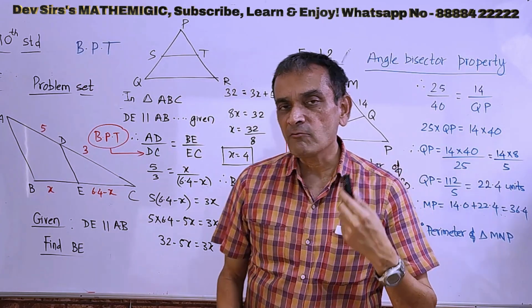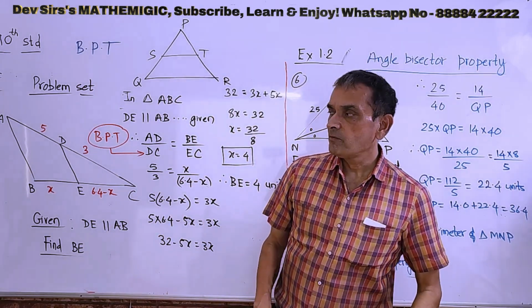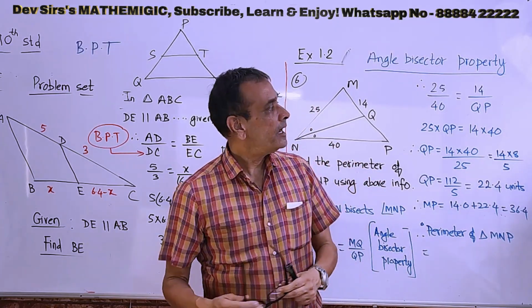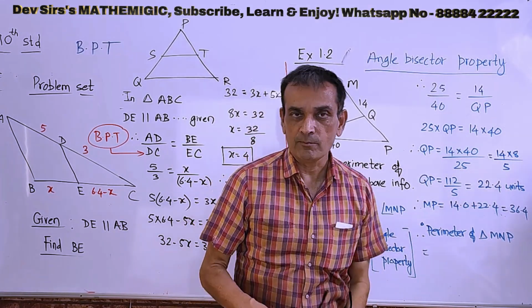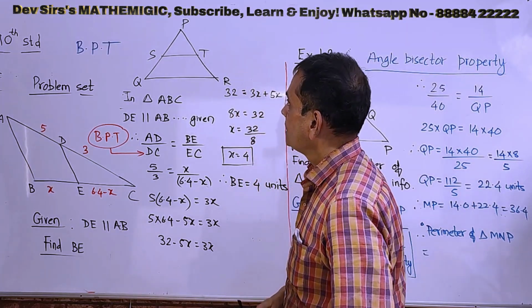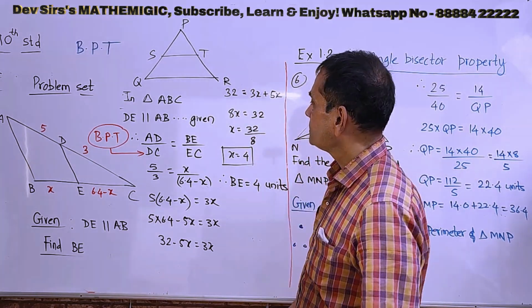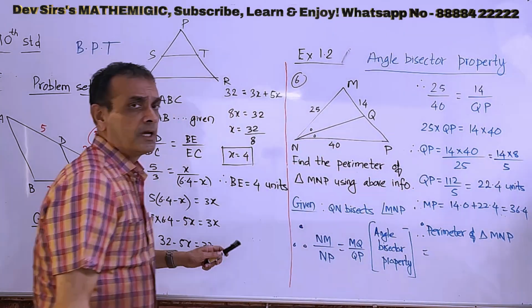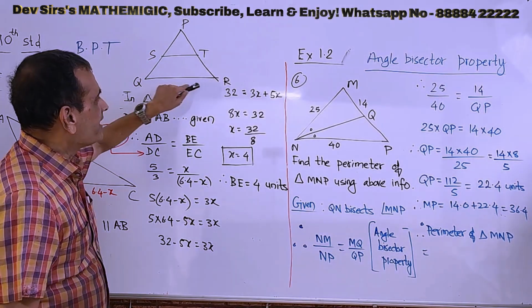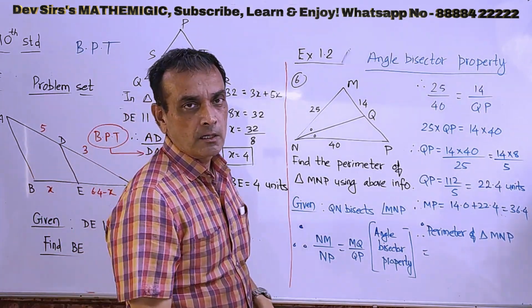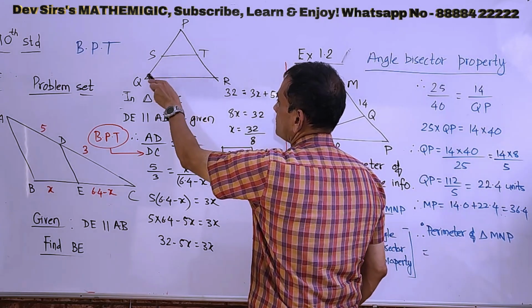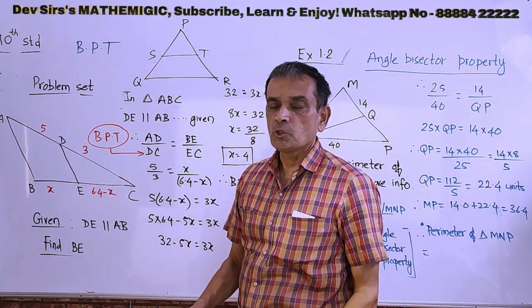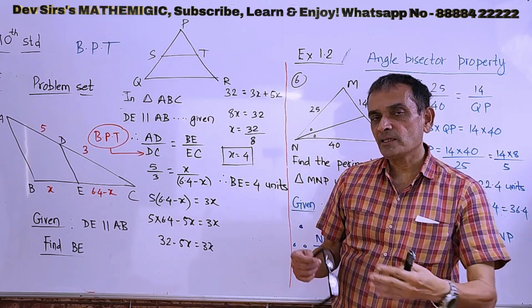So I will just explain what is BPT, and then we will take one example on BPT and one example on angle bisector property, which we have already seen on that day. So what is BPT? Look, in any triangle, now this is triangle PQR, in any triangle if you draw one line parallel to the base, not necessarily the base, it can be parallel to the third line.